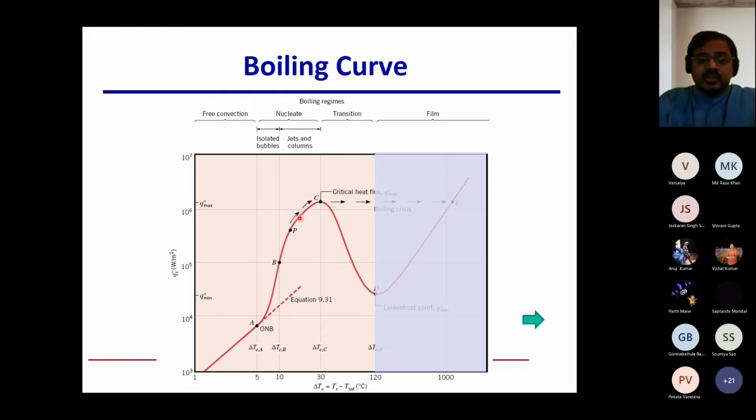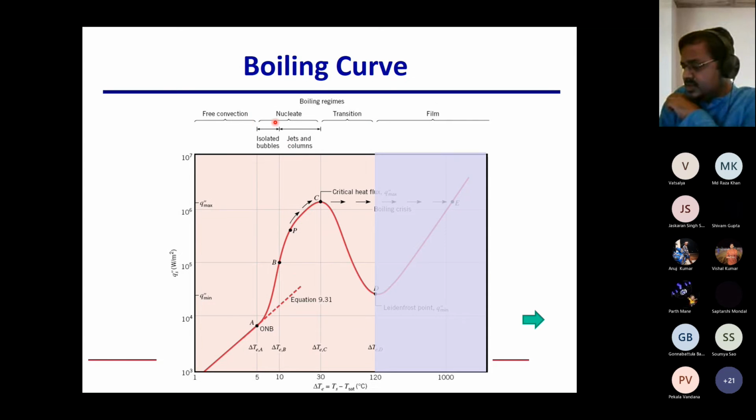All right. So friends, this period where you have the formation of bubbles and then bigger bubbles, occurring more vigorously, more bubbles forming, nucleating, growing, detaching, and coming up, this whole regime is called the nucleate boiling regime.